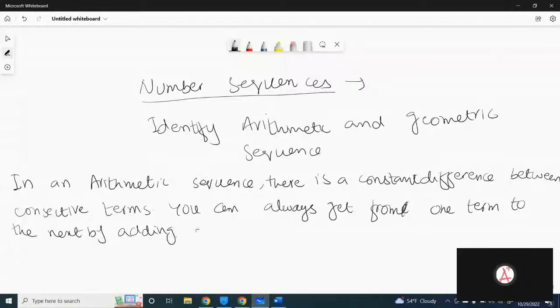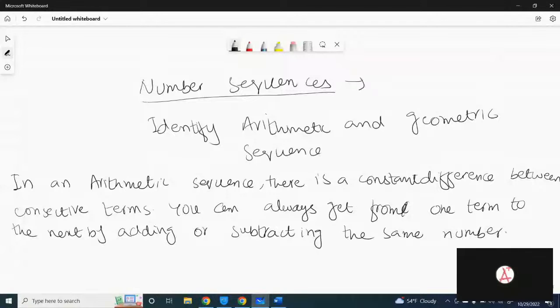Got it? If the difference is the same, that means it is an arithmetic sequence, right? Please note down the definitions.